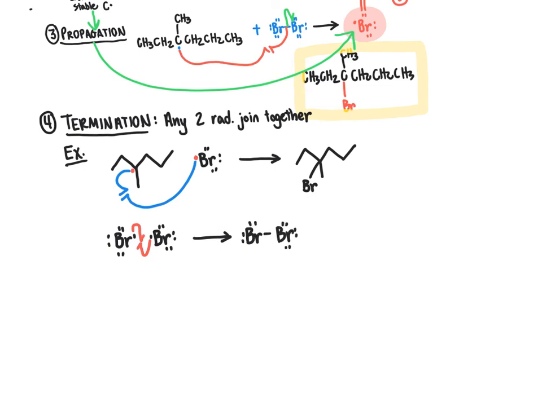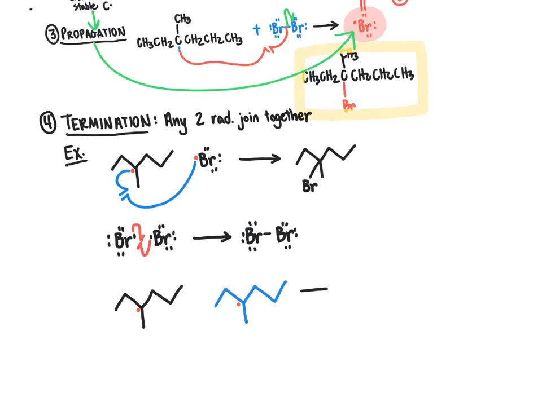And as a third possibility here, what could happen is that we could join together two carbon radicals. So we're going to take our carbon radical number 1, which I'm going to show with a red unpaired electron here. Carbon radical number 2, which I'm going to show in blue here for emphasis and so that we can map out who's going where in the reaction. I'm going to put its unpaired electron as a red dot there.